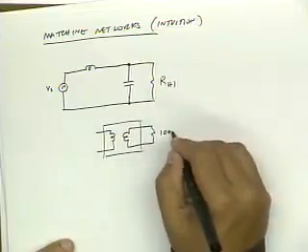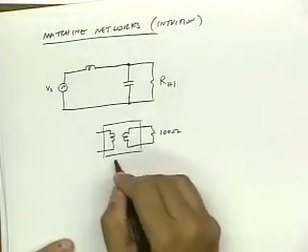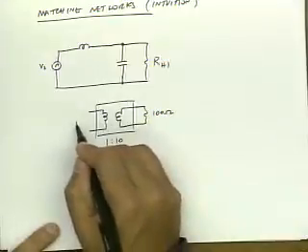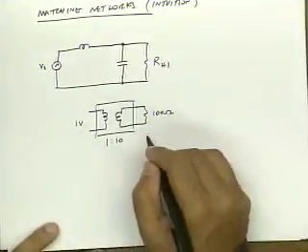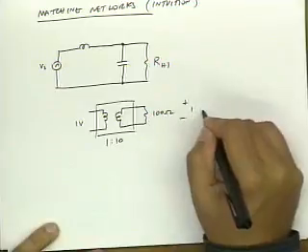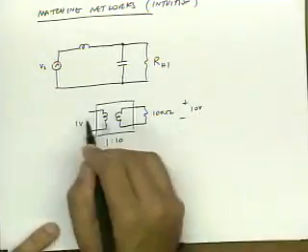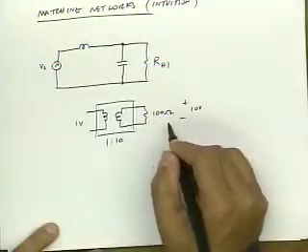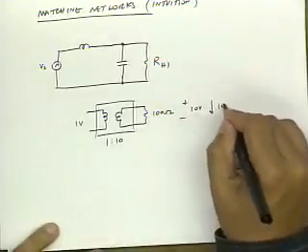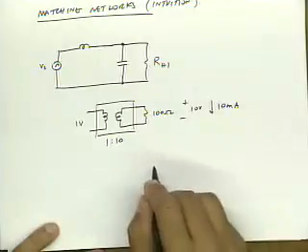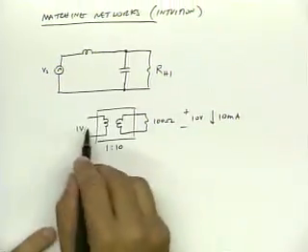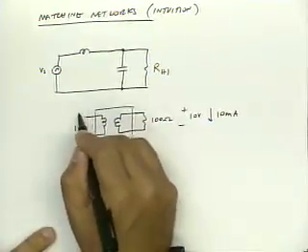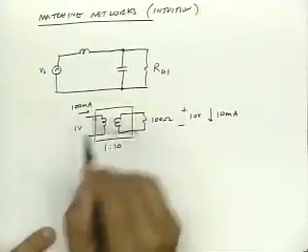let's say this is 100 ohms, okay? And let's say this has a 1 to 10 turns ratio. So if I put 1 volt here, the voltage across here is 10 volts, right? And if I put 10 volts across 100 ohms, I know I get 100 milliamps of current. So if I have 100 milliamps flowing here, that means I have 1 amp flowing here.